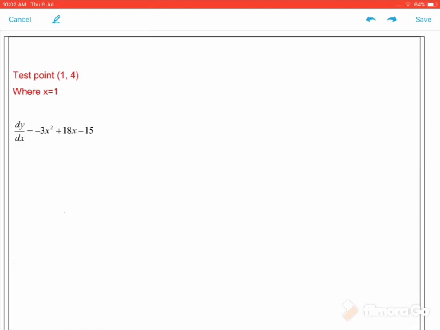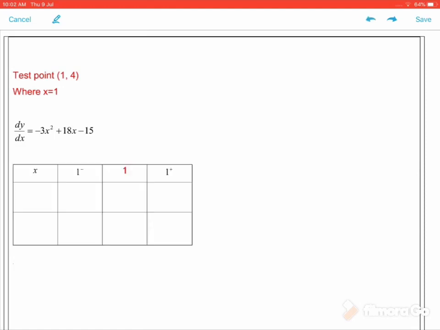To test the point, the same thing, we draw a table. We put 1 in the middle column, a number less than 1 before it, and a number greater than 1 after it. Now we can substitute the numbers into dy/dx.